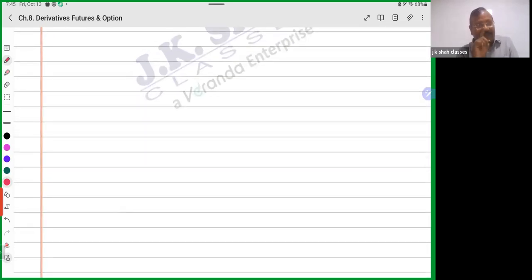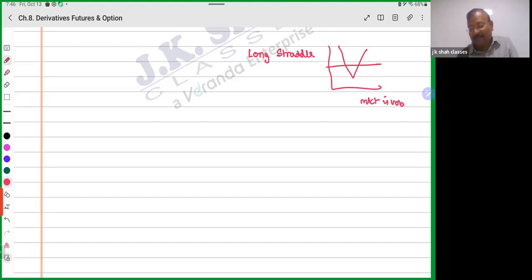We said in the question which we solved, we created a long straddle, right? Whose diagram came out like this. And then looking at the diagram, we concluded that this is the diagram to be adopted when the market is volatile, but direction is unknown.